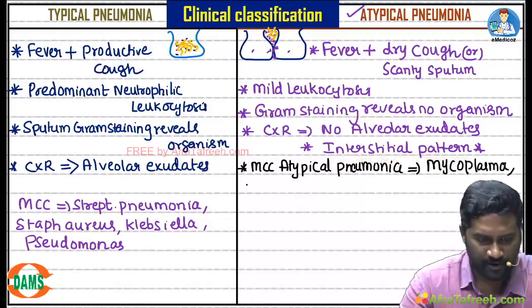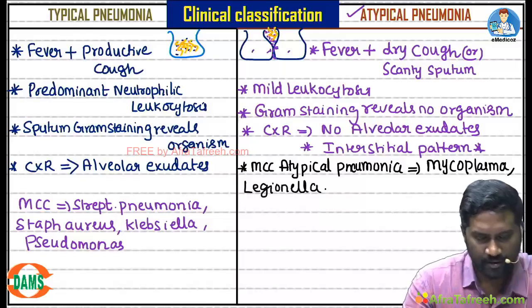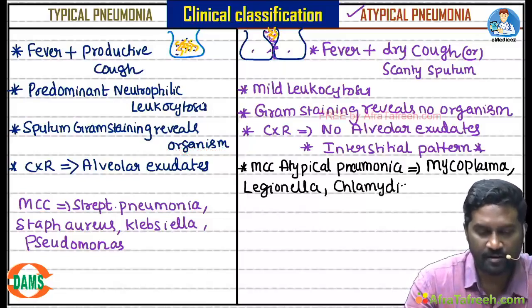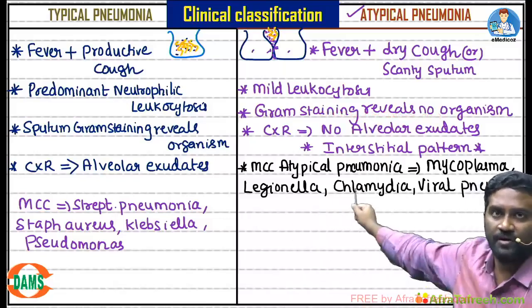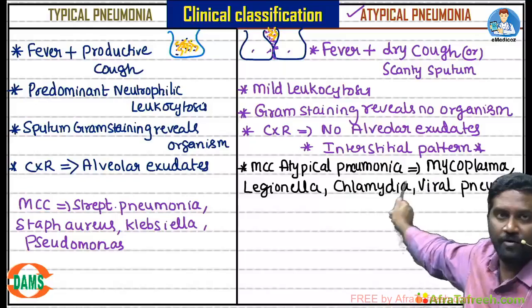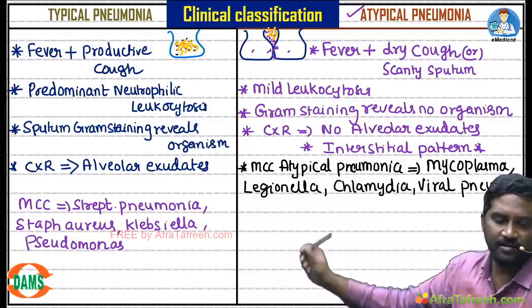Apart from Mycoplasma, Legionella, Chlamydia, and various viral pneumonias are generally atypical pneumonias. So most common cause of atypical pneumonia: Mycoplasma, Legionella, Chlamydia and other viral pneumonias.